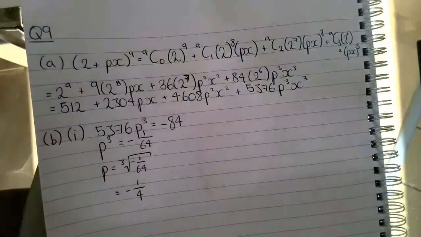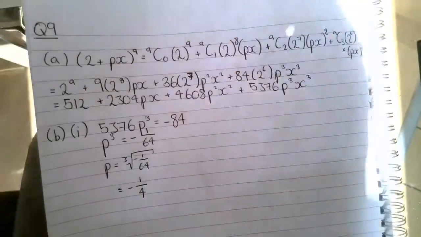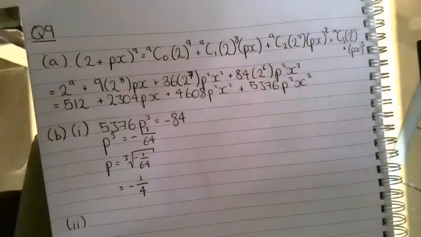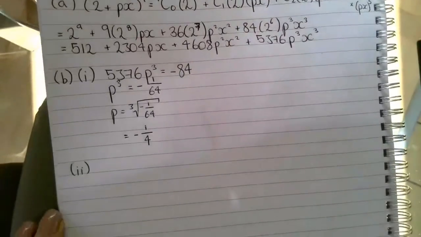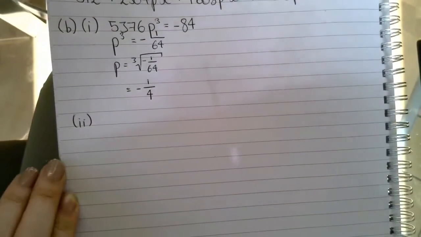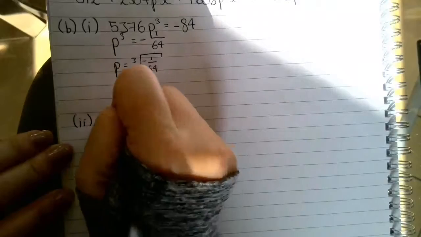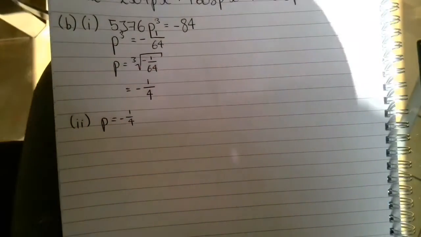Part II says find the numerical values for the coefficients of the x and the x squared term. So we know that p is equal to a negative quarter.